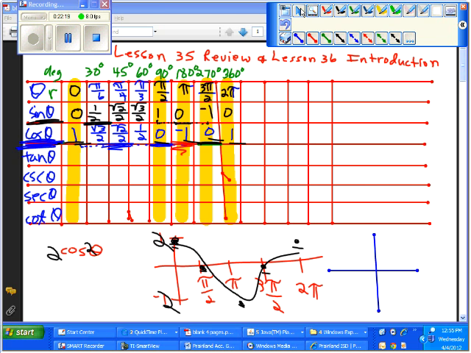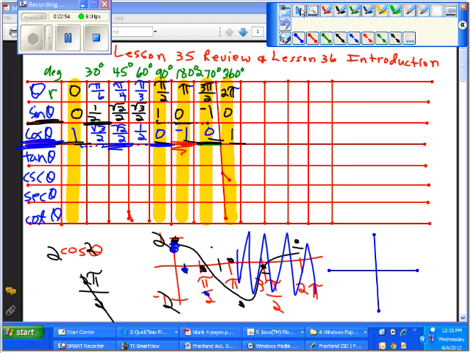What if I put a 2 right there? Then your period is 2 pi over k, so it's going to cut your period in half. So that whole thing's going to happen by the time you get to here. So we're going to cut those in half, right? So now instead of taking all that much time to get it done, it happens in that. So we're going to go bing, bing, bing, bing, bing. I think I messed up.